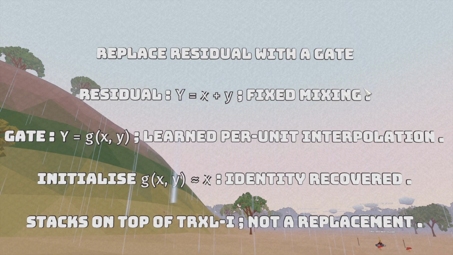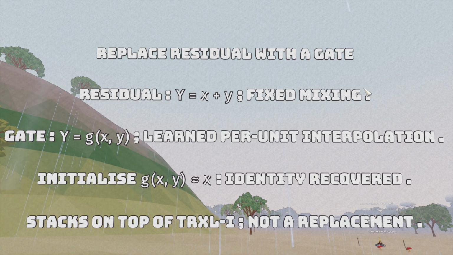That means that the network can decide unit by unit and token by token whether to open the gate fully, partially, or not at all. The additive residual doesn't have this control. It always adds the full Y, whether or not Y helps that unit, so it gets replaced by this. Initializing the gate to favor X would let the input pass through and recovers the identity path that the reordering enabled us to have. But now the path is content dependent rather than fixed.